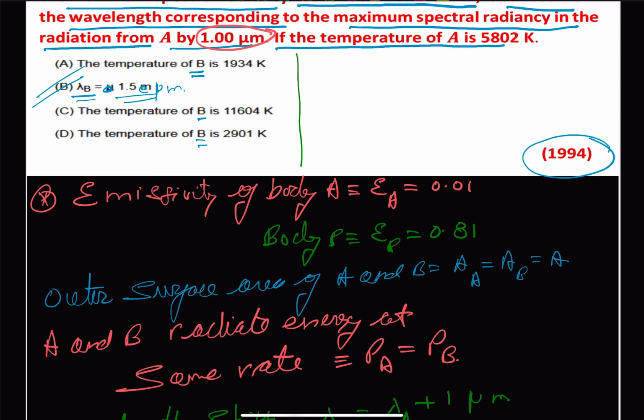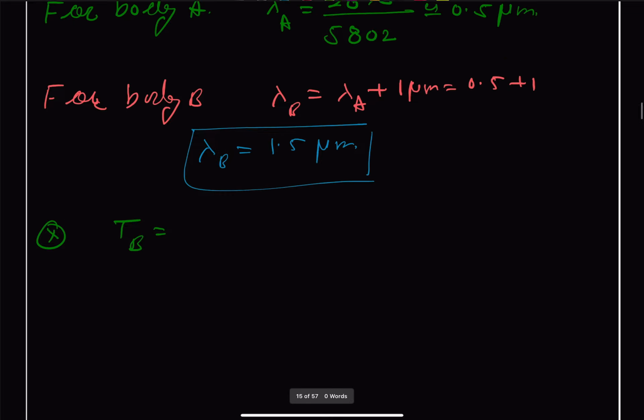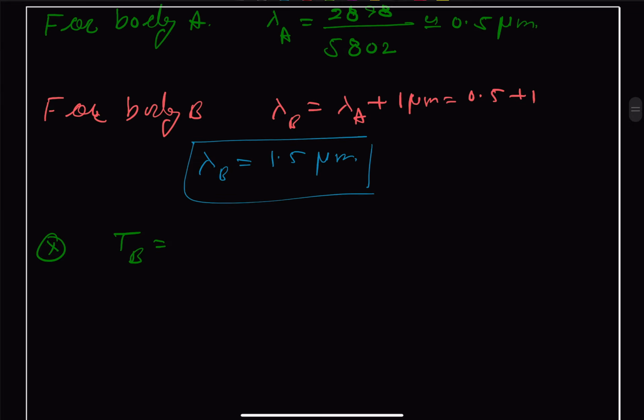Now we can easily find the temperature based on the same law. So the temperature of body B will be equal to 2898 divided by lambda B, which is 2898 divided by 1.5, giving approximately 1933 Kelvin.